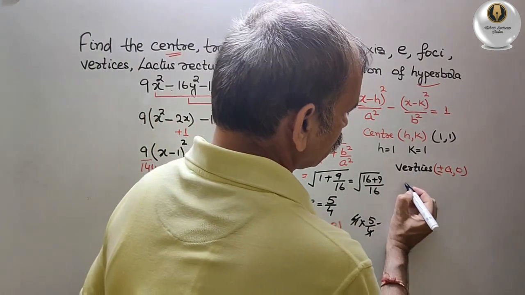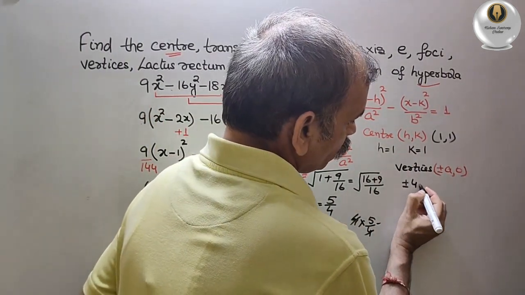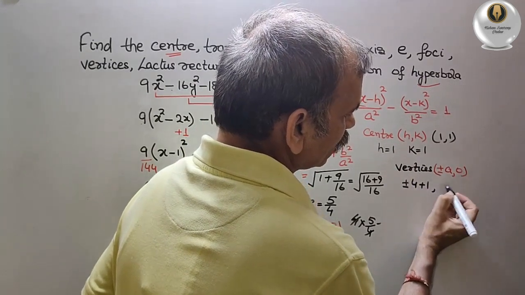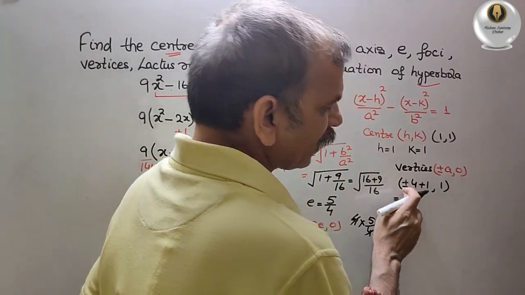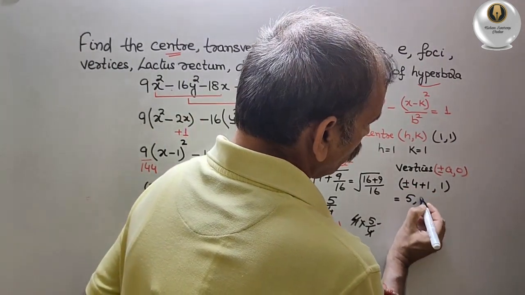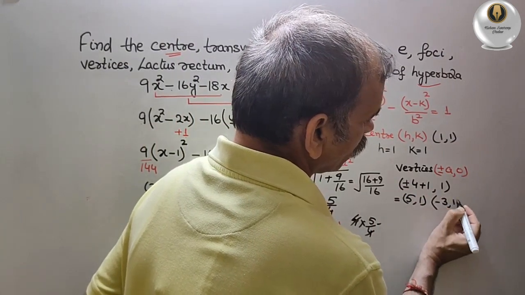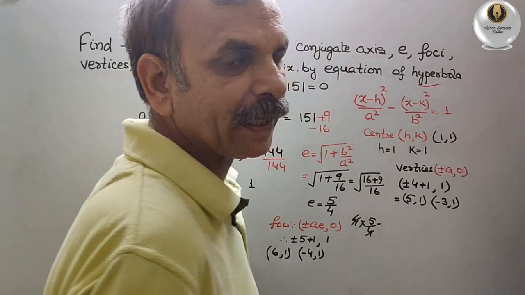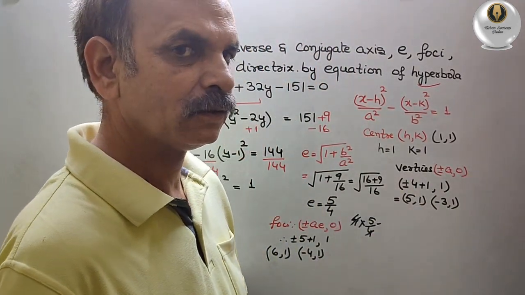Plus minus a. A is 4. Plus 1 comma and y is 1. So therefore one time we have to take plus. That means 4 plus 1 is 5 comma 1 and another is minus 3 comma 1 when we are taking negative. So these are the coordinates of the vertices.